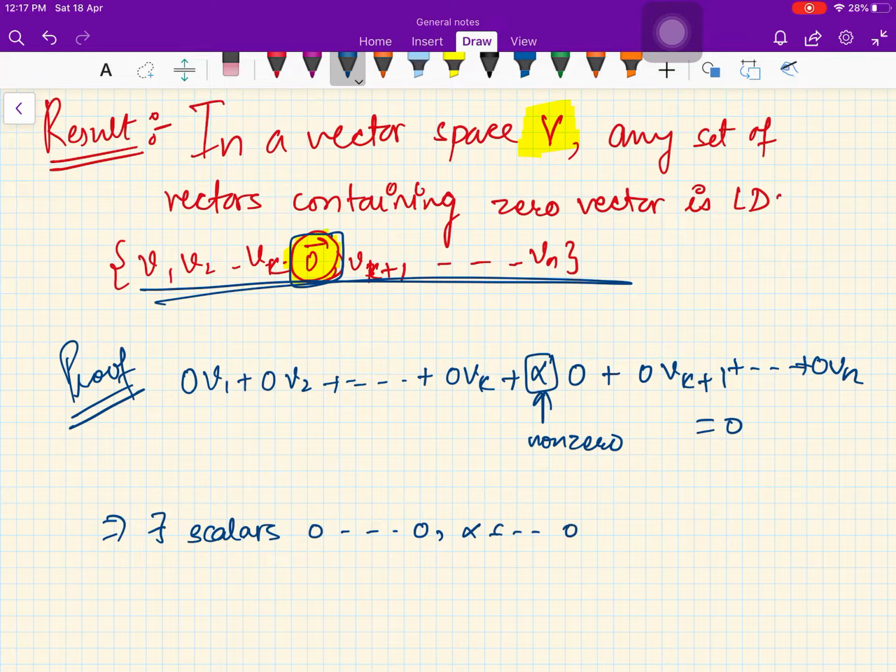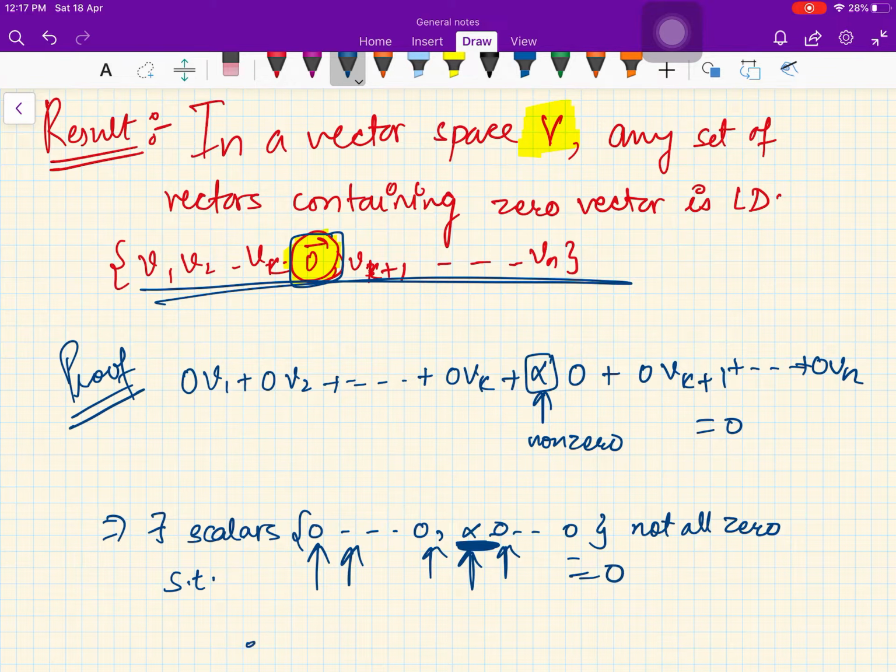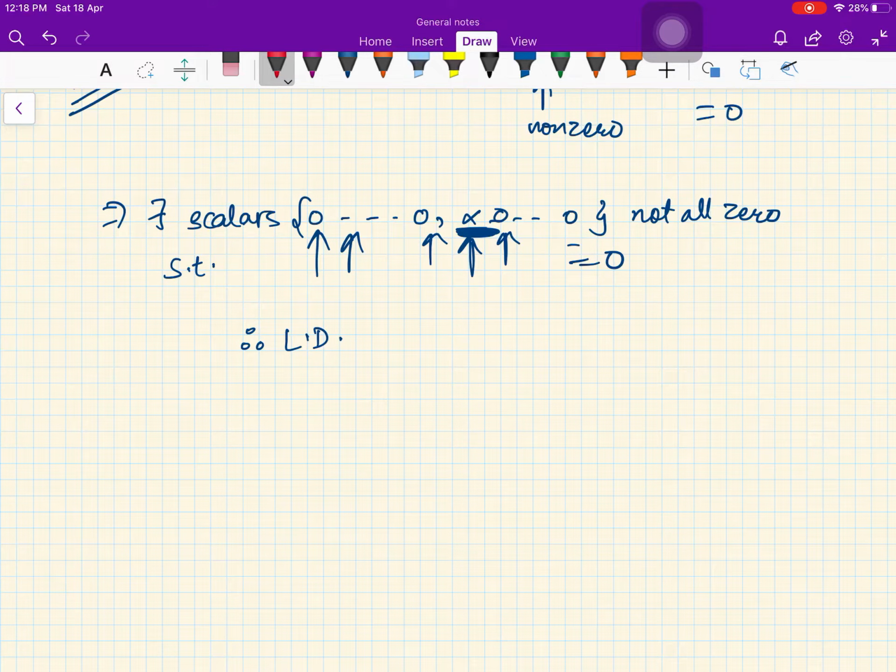So it means that there exist scalars which are 0 everywhere and then alpha and then 0 everywhere, not all 0 because you have a non-zero scalar here, such that this into the first vector, this into the second vector, and so on, this into the zero vector is equal to 0. Therefore, linearly dependent. So this result is quite useful. The moment you see the zero vector inside a set, you just declare that set as linearly dependent.